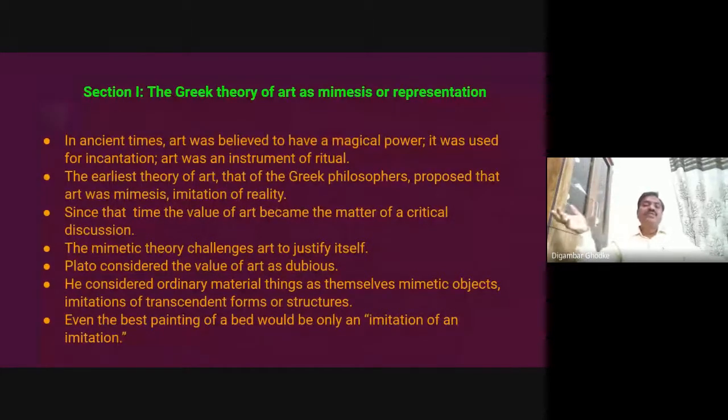Whatever you see around, everything is mimetic. That was Plato's view. Mimetic means it is an outcome of the original idea of God, an imitation of transcendent forms or structures.